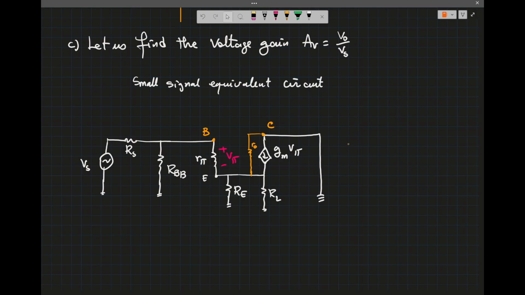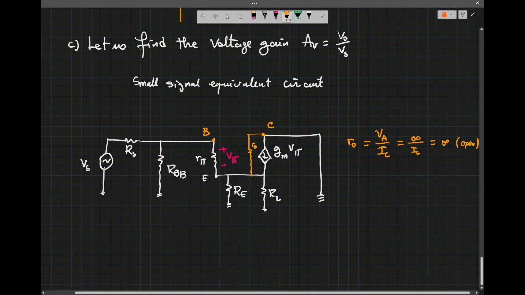What is the equation for RO? RO is the early voltage VA over IC. But we're told that VA equal to infinity, from the problem statement. So infinity divided by IC is infinity, which means open. So that's why this RO will be neglected here.